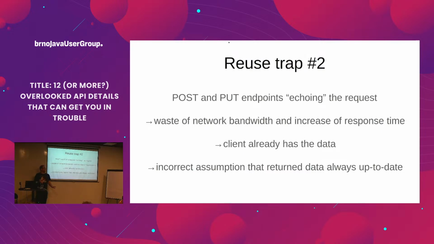Some common argument for this is that there can be some additional processing in the server, and we want to return the final state of the resource. But again, who told you that the client needs it? And second, there can be some parallel operation that modifies the same resource, so the client will assume it has the current state of the resource, which may not be true.